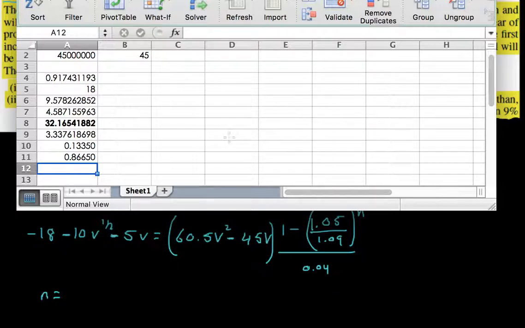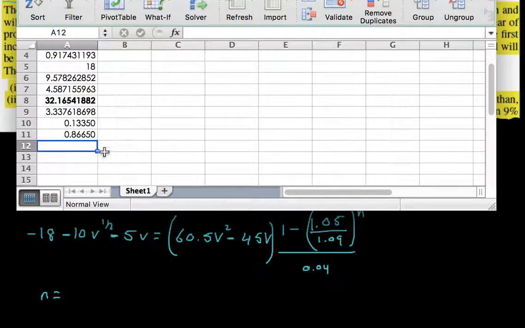Then, to find the next bit, we take the natural logarithm of that and divide by the natural logarithm of this little inside bit over here, which is actually our new v, or I guess the discount factor. So it is the natural log of this bit divided by the natural log of 1.05 divided by 1.09, is equal to that.